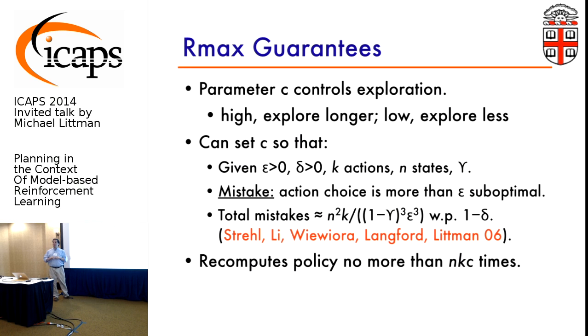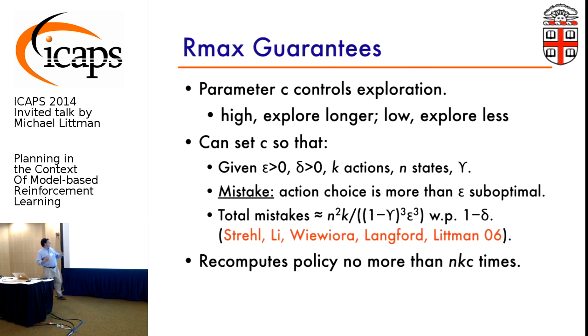And good is going to be defined as follows. You give me an epsilon and a delta in an environment that has k actions and n states and has some discount factor gamma. We're going to define a mistake. The agent's going to be moving around in the world, going from state to state. We're going to say a mistake is any action choice that it makes that is more than epsilon suboptimal. It's worse than epsilon from what you'd be able to get if you took the best action.